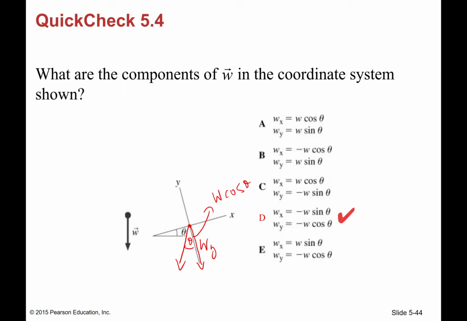And this one here, that is the x component, right? So that is Wx, and that is W sine theta, because that is the opposite. Now they are both negative, so you get those negative signs there because they are both pointing down in this coordinate system.